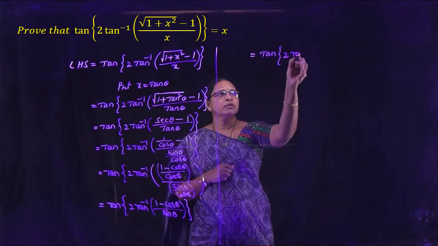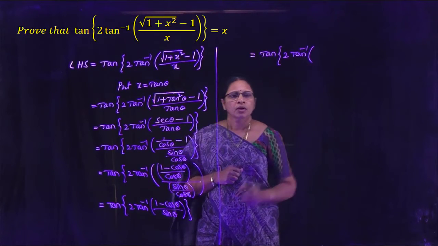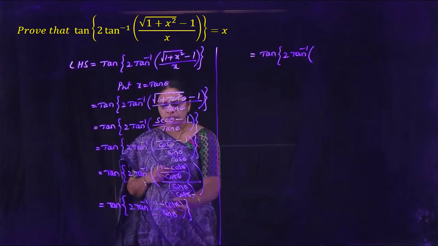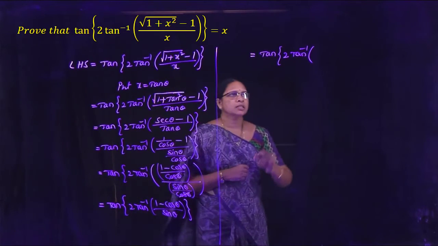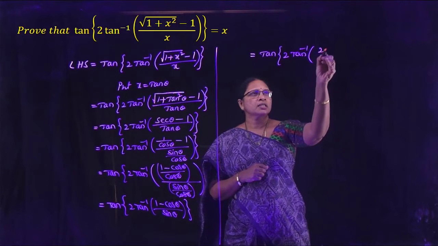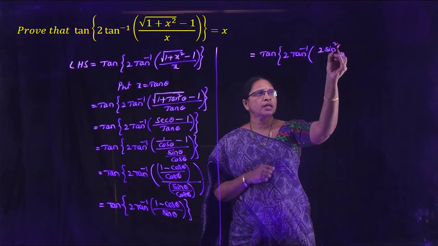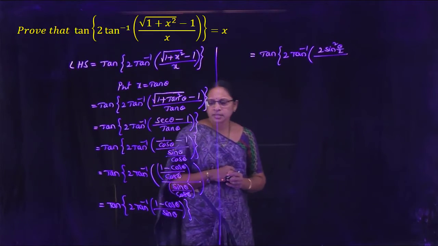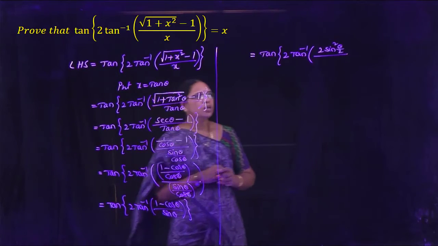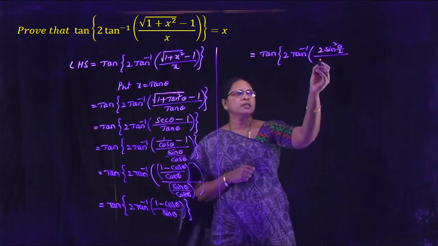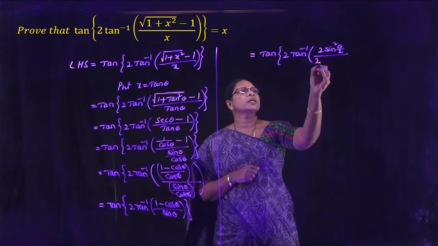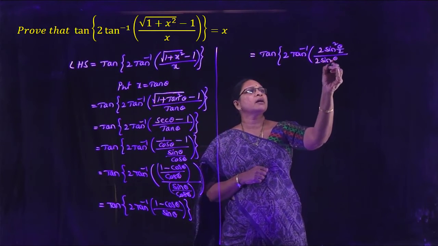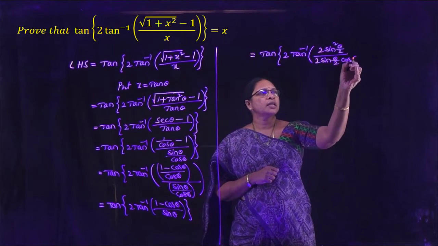We know the formula for 1 minus cos theta is 2 sin square theta by 2 and the denominator is sin theta. The formula for sin theta in terms of theta by 2 is 2 sin theta by 2 cos theta by 2.